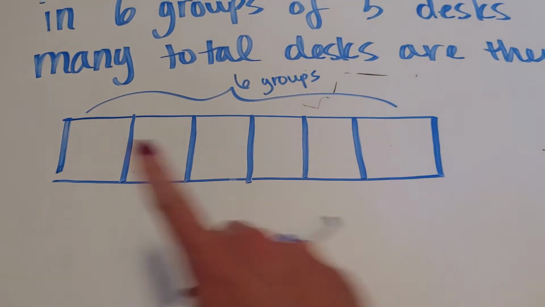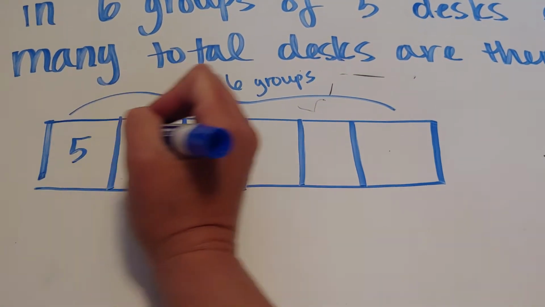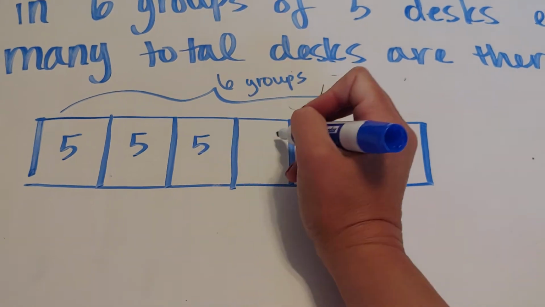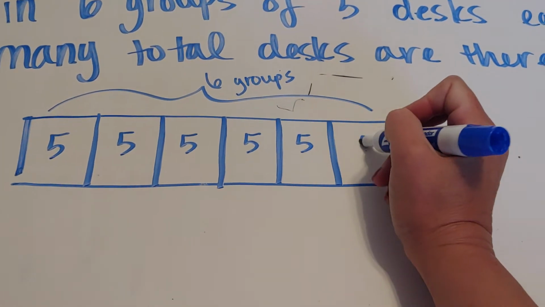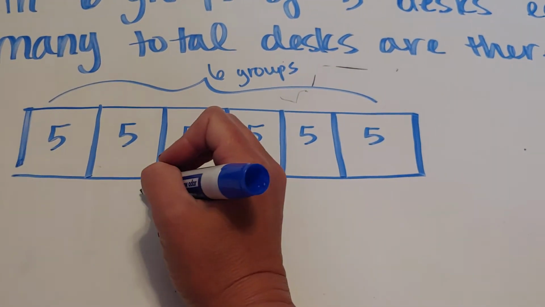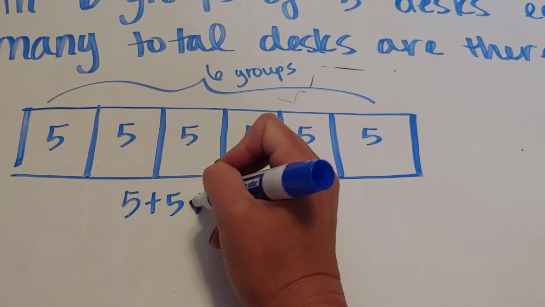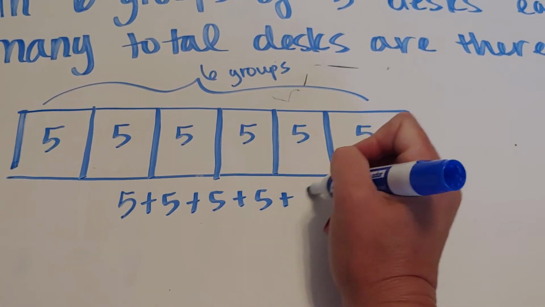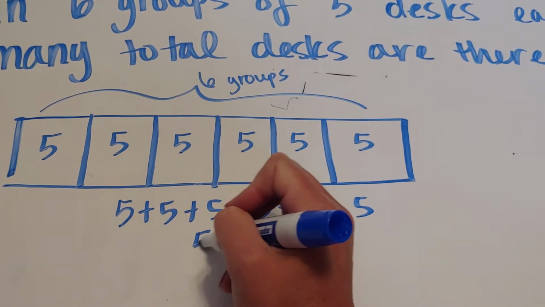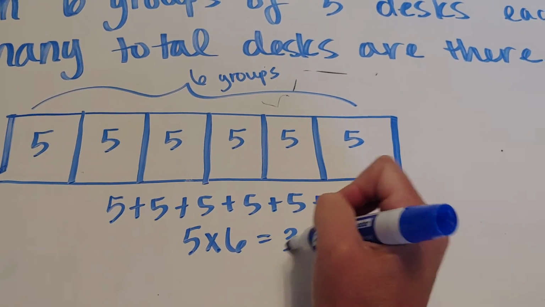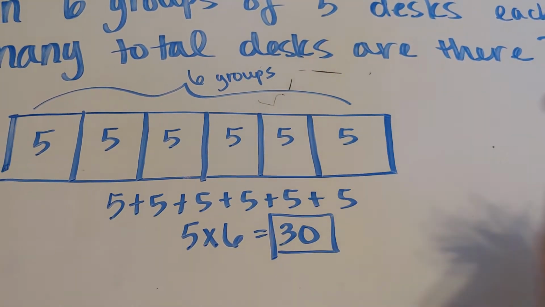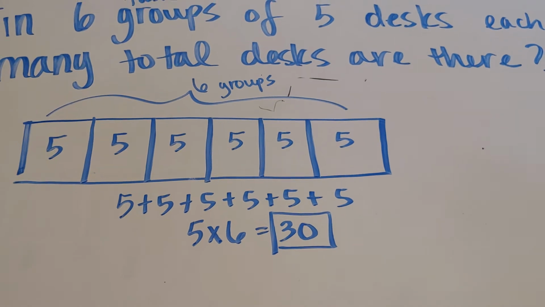Each of these groups has 5. 5 desks in each group. So I have repeated addition, which is the same thing as multiplication. So I get my answer that there are 30 desks.